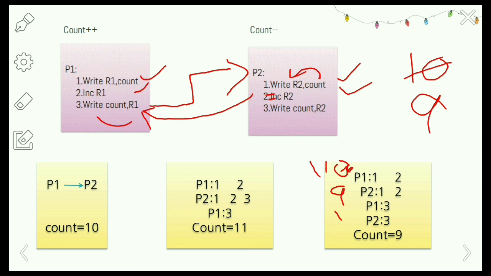So it is going to store the P1 value, and then process P2 is going to store the R2 value to the count. So what is the R2 value here? 9. So it will be saved to the count. So finally the count value will become 9 because of the process P2.